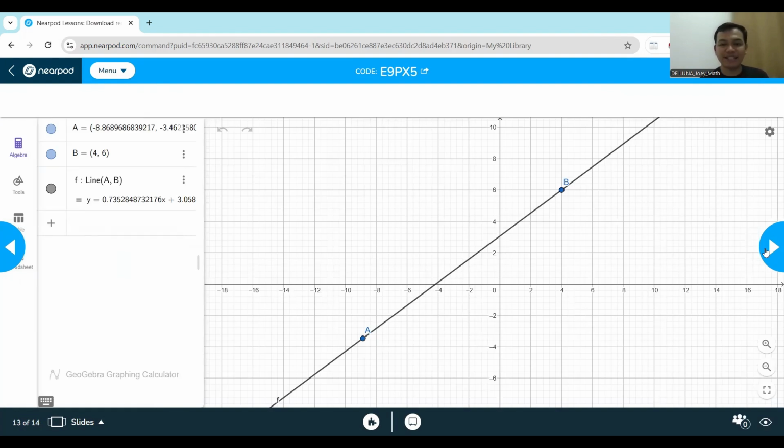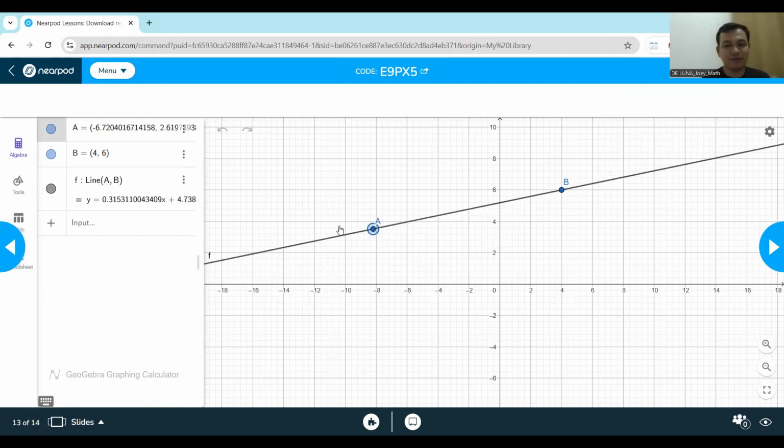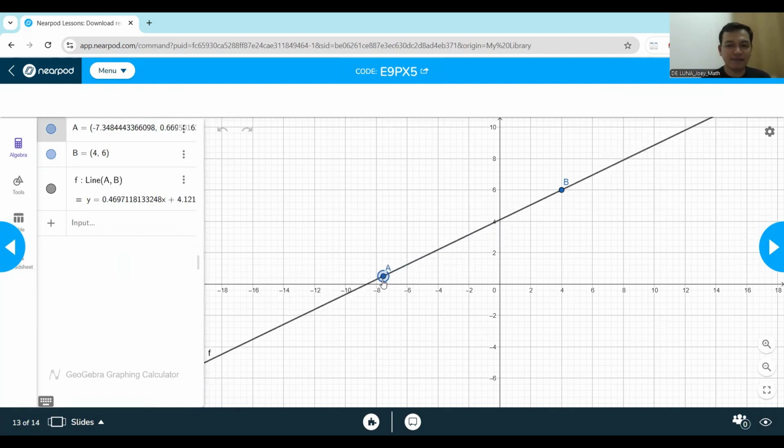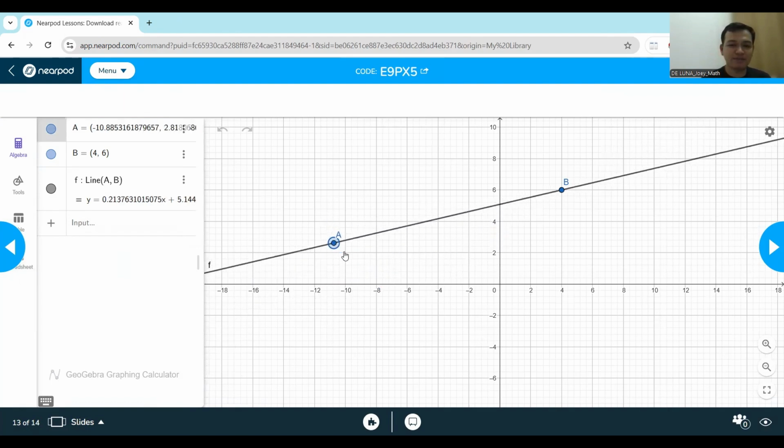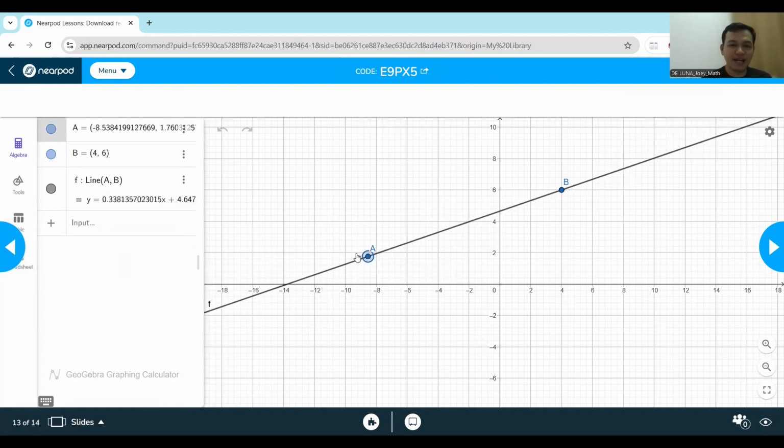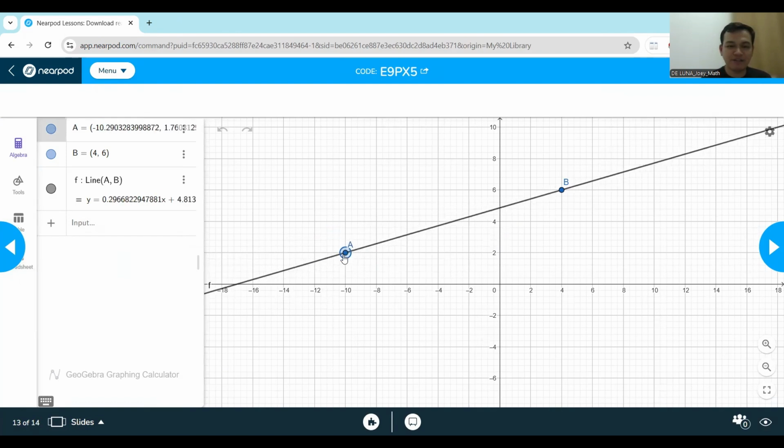To further understand how to graph linear equations, there's this interactive calculator in the GeoGebra app. The link is also posted, and by simply moving those points A and B here, you see the equation of a line in slope-intercept form.